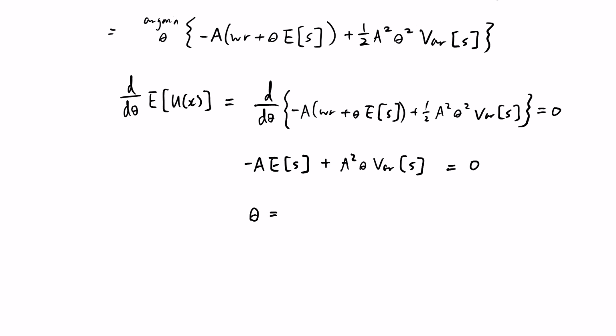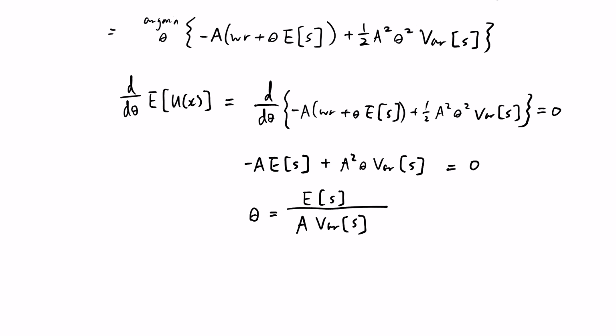That equals, if you rearrange and cancel things out, the expectation of S on top. The A cancels out with the A squared, so that's just one A here. It gives you a surprisingly simple solution. The dollar amount to invest equals the expectation of the risky return over the rate of absolute risk aversion times the variance of the risky return.